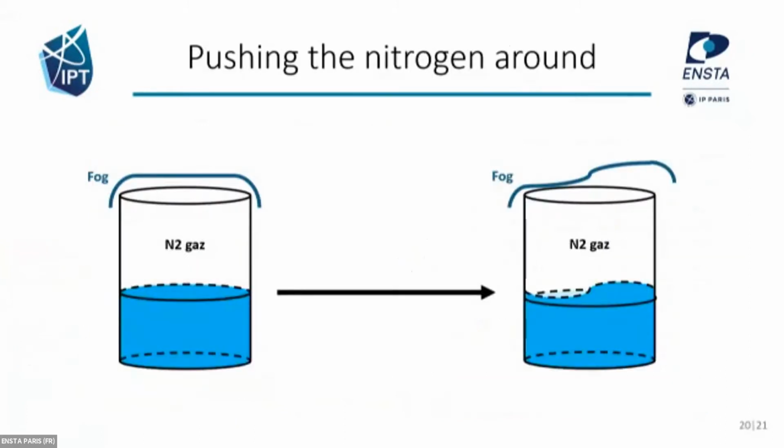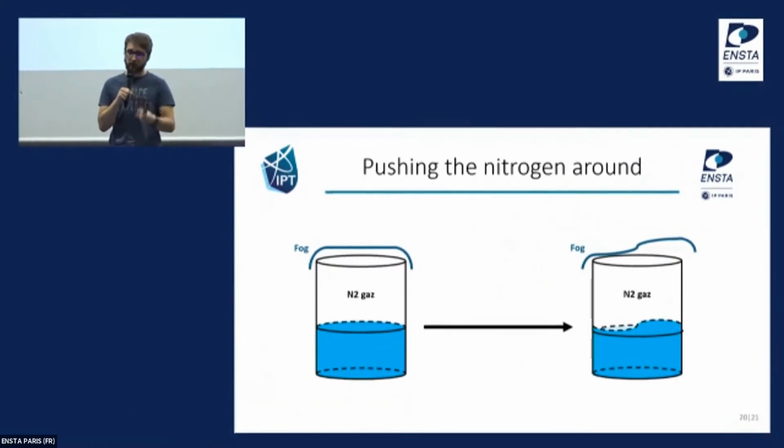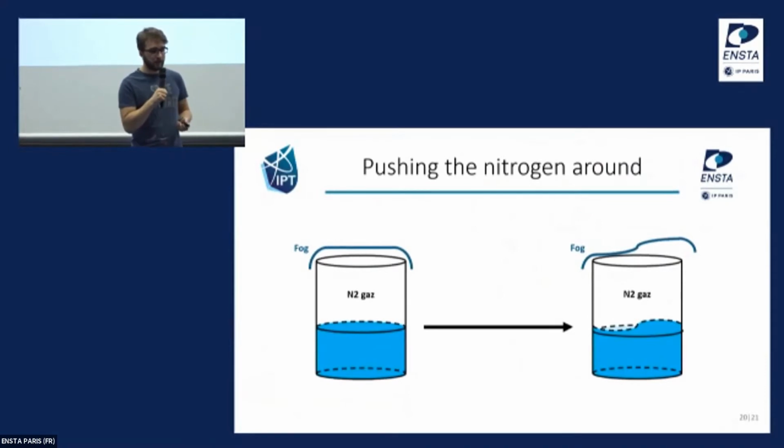Now, something we observed too that seems to contradict what I just said is that when we move the beaker around, the height of the fog seems to be following the height of the liquid. But this is weird because I just said that for two different liquid heights, the fog height shouldn't change.